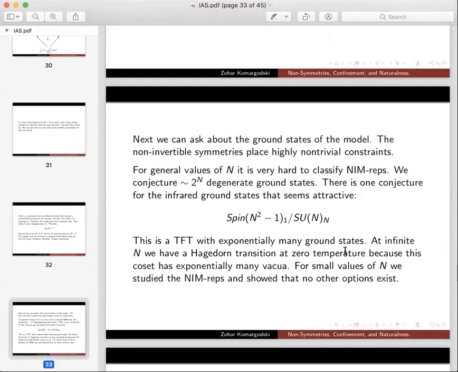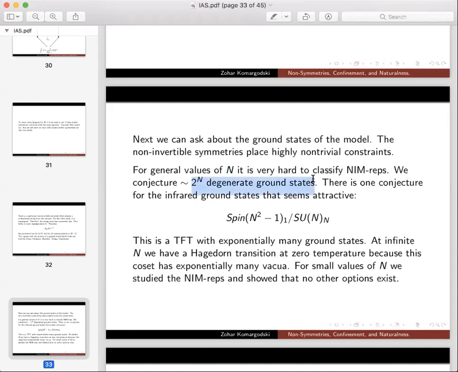Next, we can ask about the vacua. I told you that once you have these funny algebras of symmetries, typically there are many vacua. It would be inconsistent to have one vacuum or two vacua. Actually, what we find here is that for generic n, the smallest allowed nimrep seems to be huge, 2 to the n.